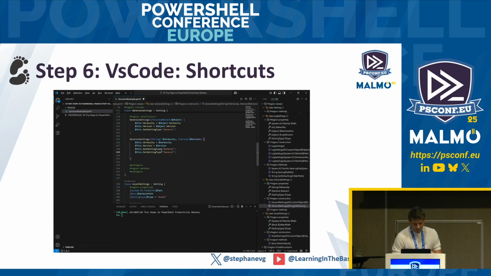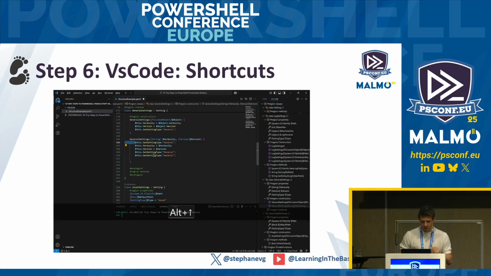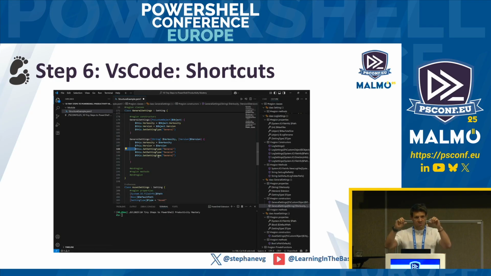Here you see I did Shift Alt Up or Shift Alt Down on one line, and it copies that line up or down. If you do Alt Up or Alt Down, it simply takes that line and moves it upwards or downwards. And you see here I'm shuffling the code a little, making it not pretty.